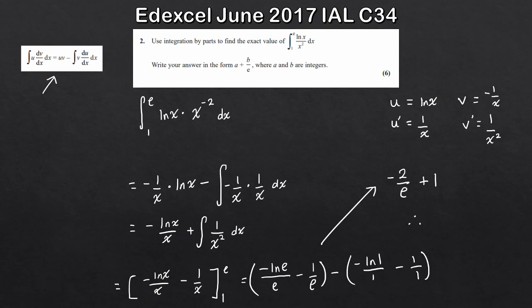So therefore this is the same as 1 minus 2 over e, and in that case a is 1 and b is minus 2 there. Okay, because a is an integer obviously, and b is also an integer. So there we have it.